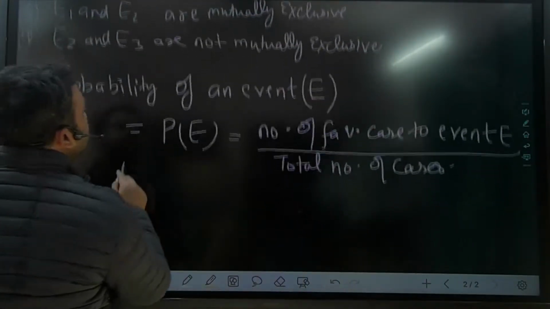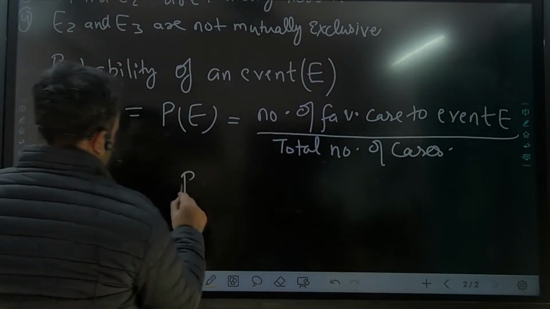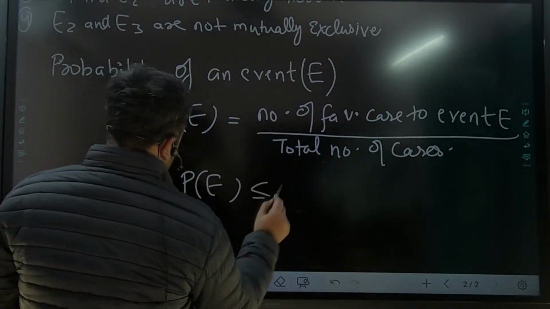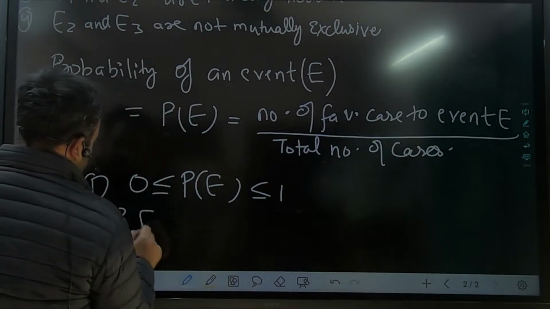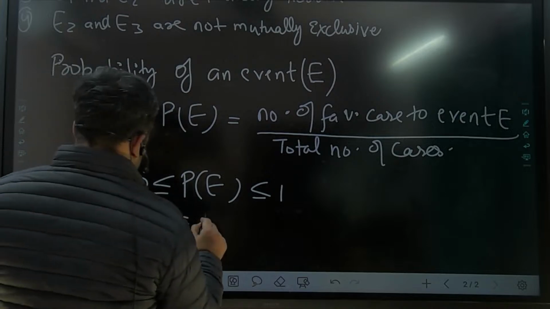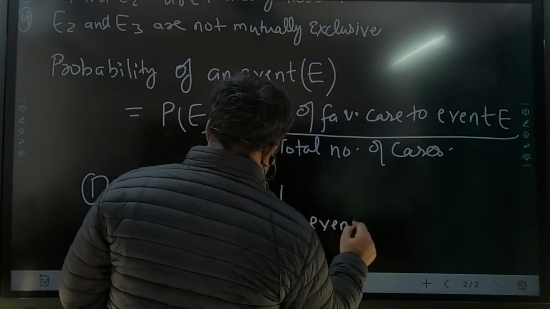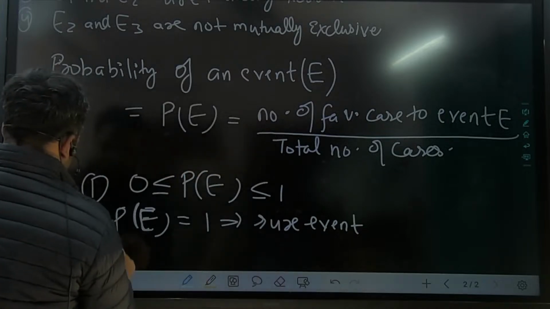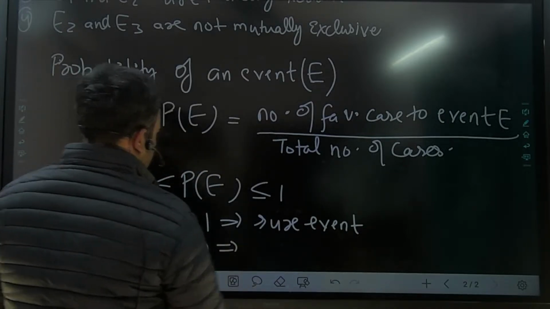Regarding this, we'll see first that the probability of any event will lie from 0 to 1. Either the event will happen for sure, so the probability will be equal to 1. This is called a sure event. The event will definitely happen. Or the probability of any event can be 0, meaning the chances are not there.